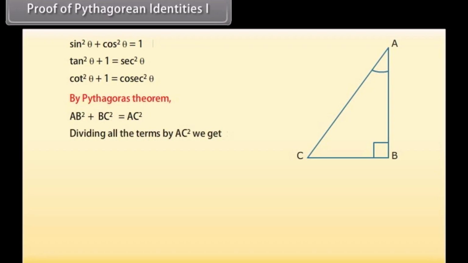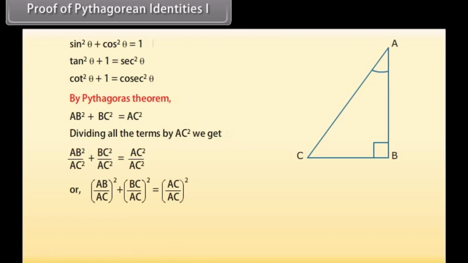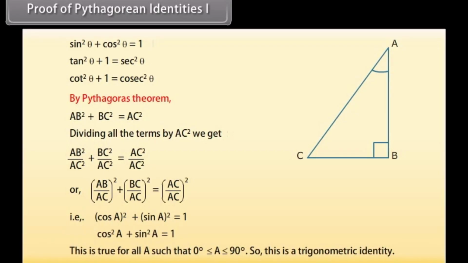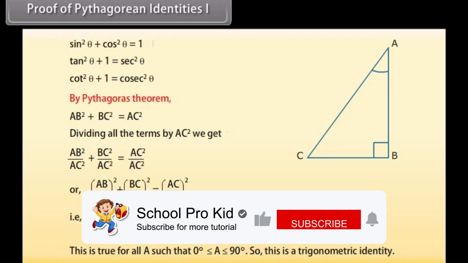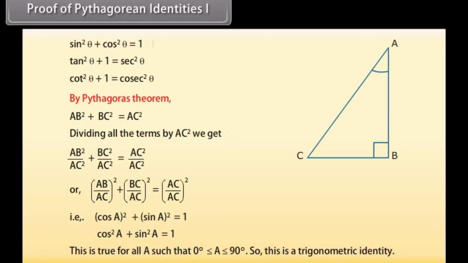Now dividing each term by AC square, we can write it as (AB upon AC) whole square plus (BC upon AC) whole square equals (AC upon AC) whole square. That is, cos square A plus sin square A is equal to 1. This is true for all A such that 0 degree is smaller than or equal to A, which is smaller than or equal to 90 degree. So this is a trigonometric identity.